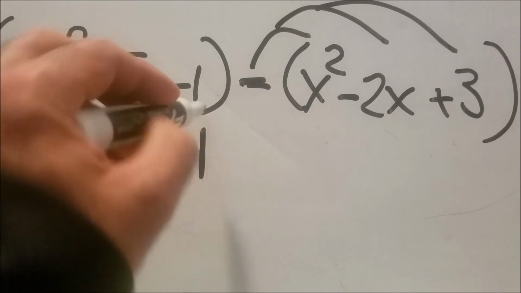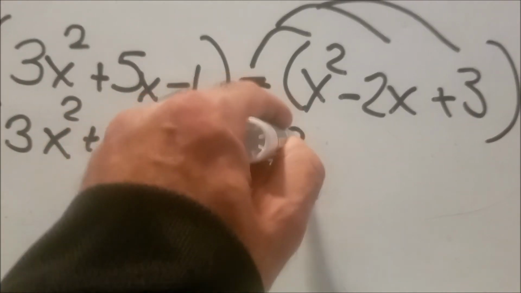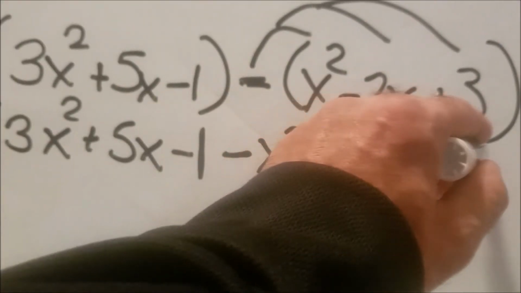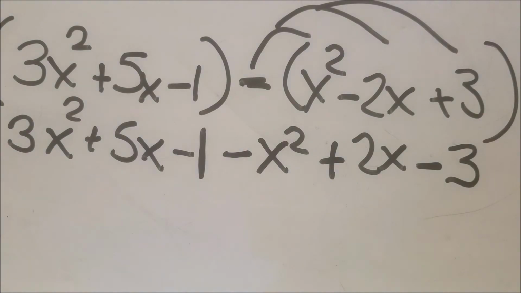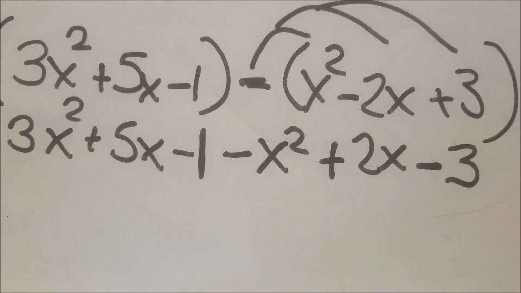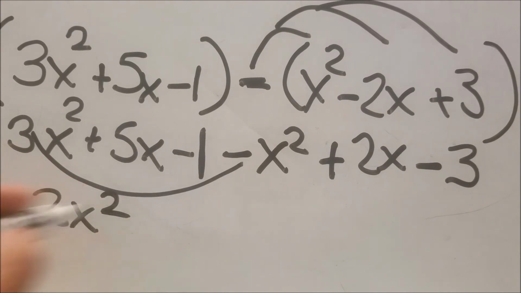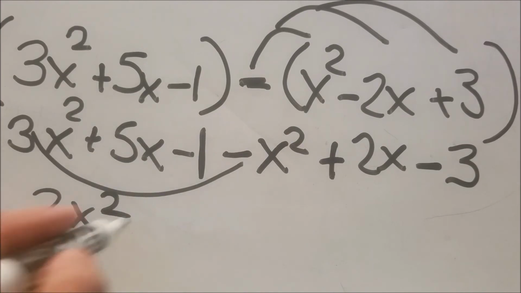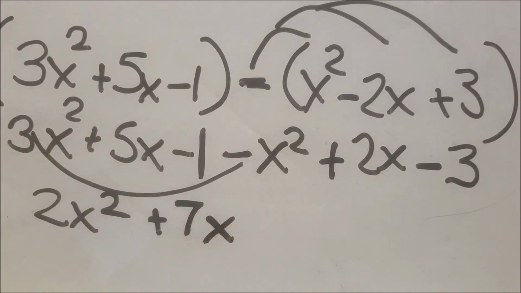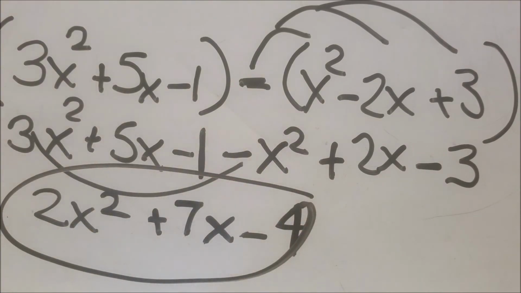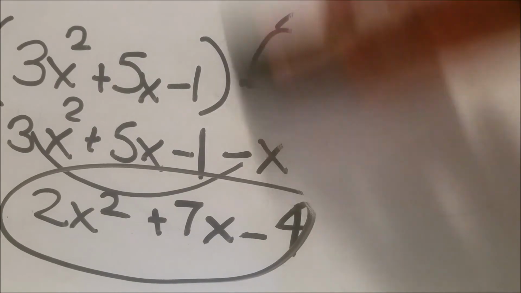So this will be a minus x squared plus 2x. Remember, negative times a negative is a positive. And minus 3. If you want to think about it, you can always think that there's a 1 here. All right, so 3x squared minus x squared is going to give us 2x squared. Then we look for our x's. We have a 5x plus a 2x. That's going to give us 7x. And minus 1 minus 3 is going to give us minus 4. There's our answer. So this again is a review. You did this in Algebra 1.